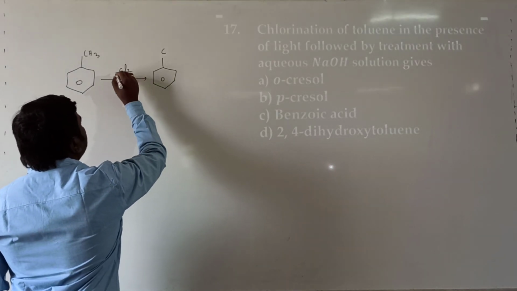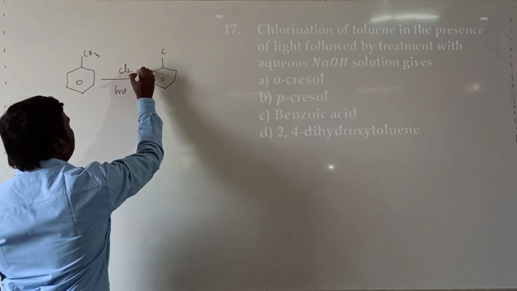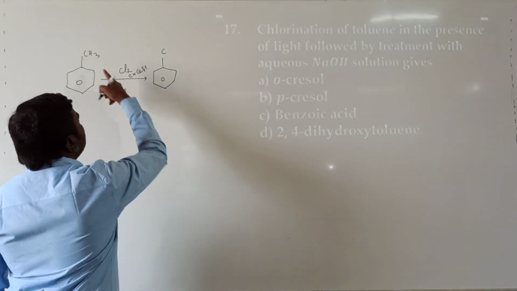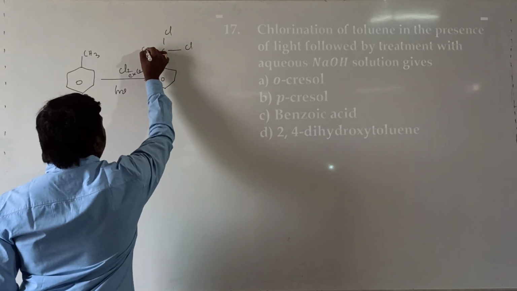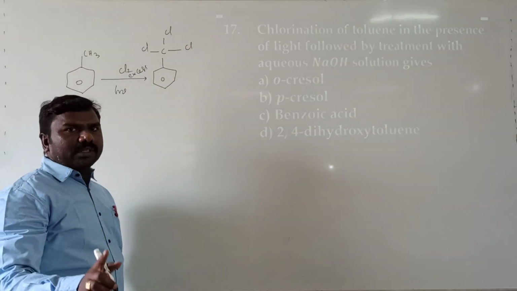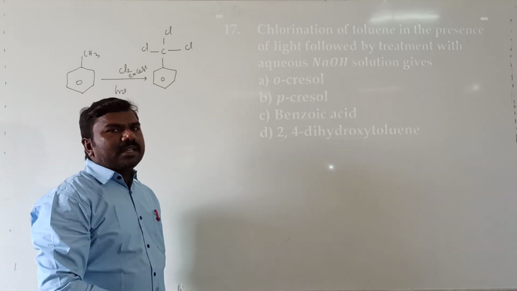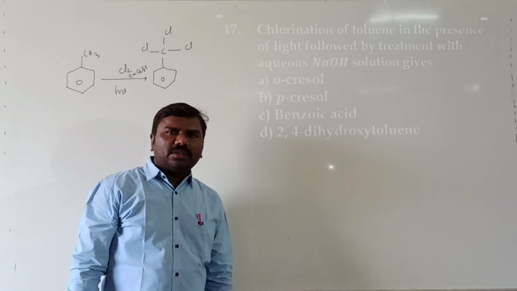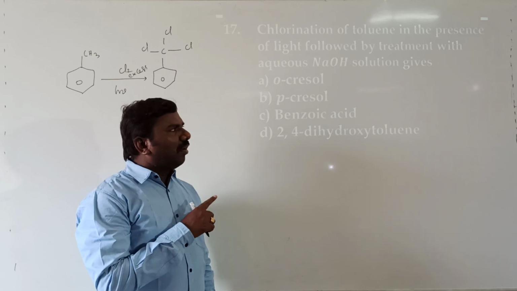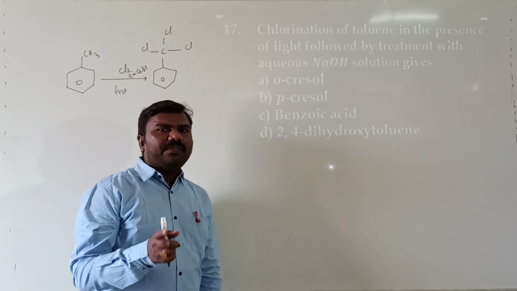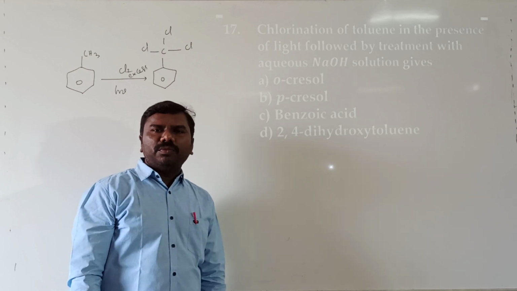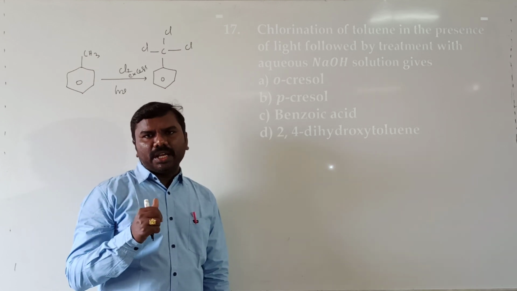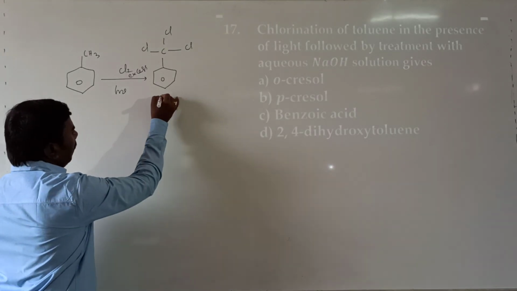This is in excess, so 3 hydrogens are replaced by 3 chlorines. Remember, in presence of temperature or catalyst or Lewis acid, it follows electrophilic substitution. In presence of light or UV light, it follows a free radical mechanism. So that is very important.